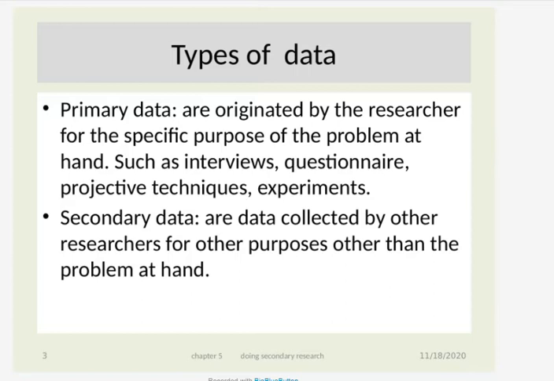So these data are collected for the first time. However, secondary data is the data that have been collected before through primary resources and now they are available to researchers. يعني secondary data دي هتكون اتجمعت ازاي؟ هتكون اتجمعت الأول برضو زي البرايمري، اتجمعت لأول مرة as a primary resource.